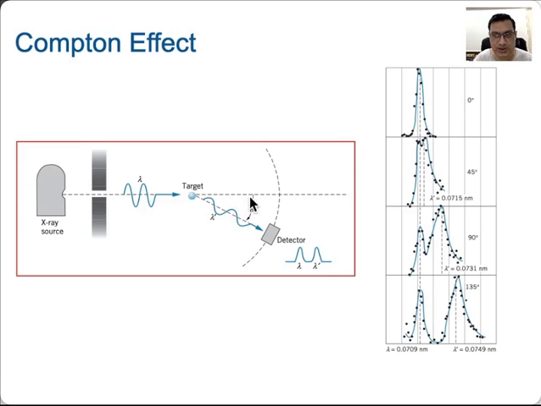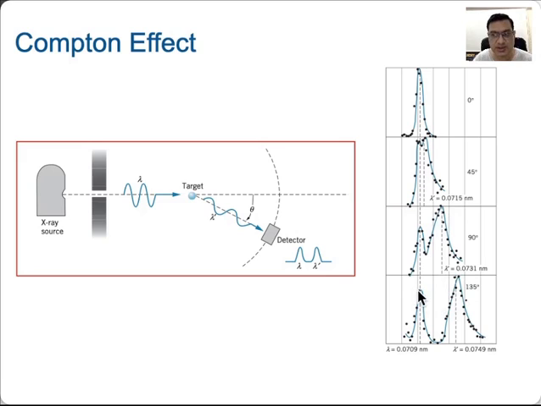But as soon as you change theta from 0 to some finite value like 45 degrees, you start seeing a secondary peak, and at 90 degrees this peak becomes more prominent.